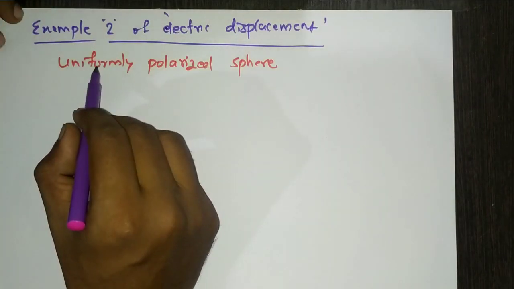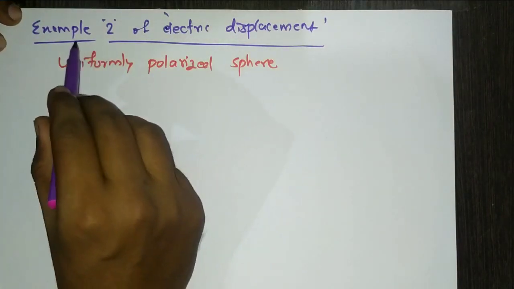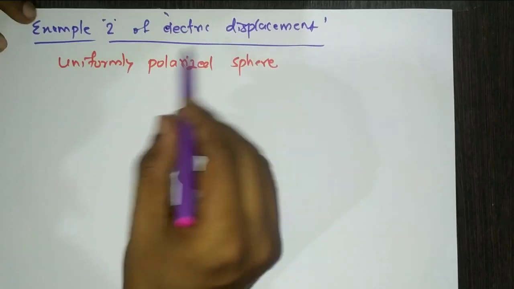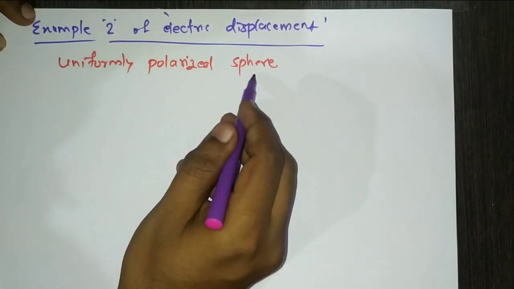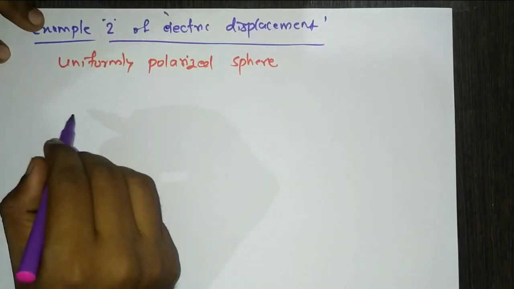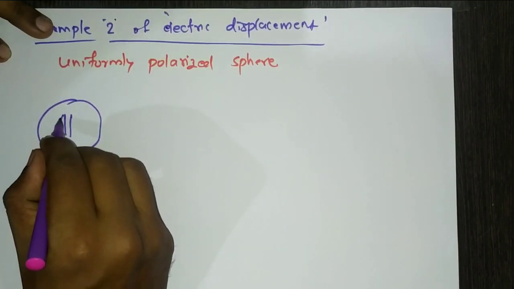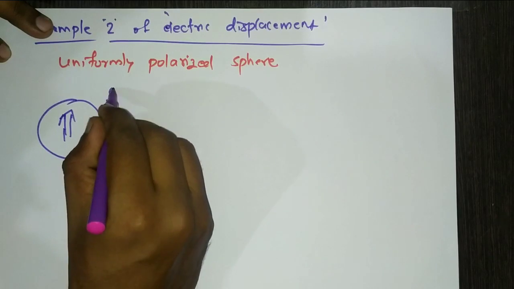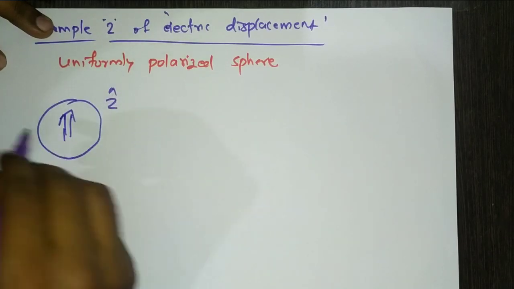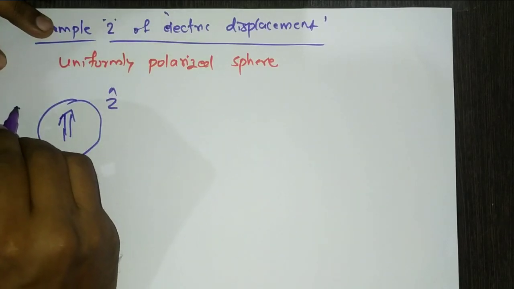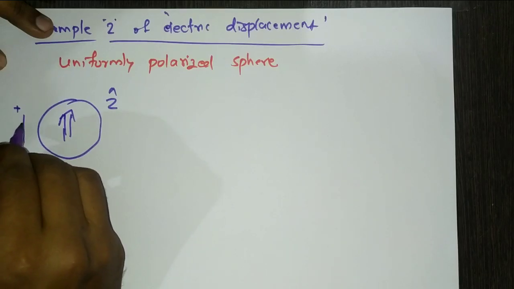Another example is we need to find out the electric displacement due to a uniformly polarized sphere. It is given that the sphere is polarized along the z direction. That is, the polarization is from negative to positive.